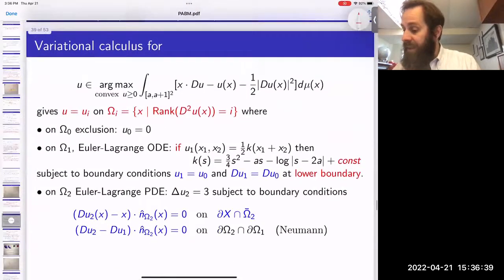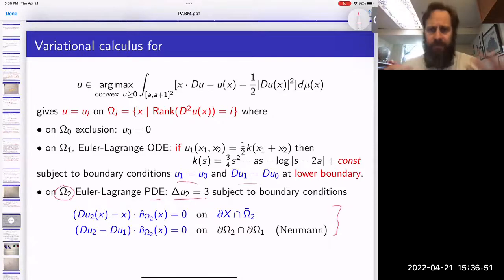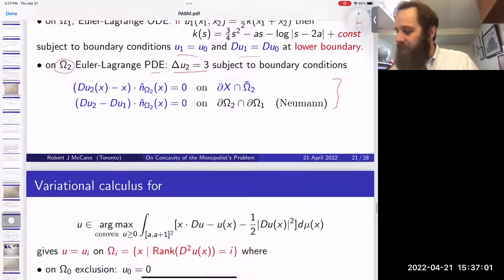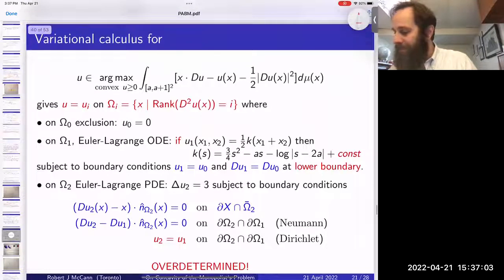And so, as I was saying, in the uniformly convex region, you get a partial differential equation. It's a Poisson equation, subject to boundary conditions, and they turn out to be Neumann conditions. But on the other hand, according to this unpublished result of Caffarelli and Lions, both the value of the function and the value of its normal derivative have to agree at the lower boundary. And so it becomes an overdetermined problem.